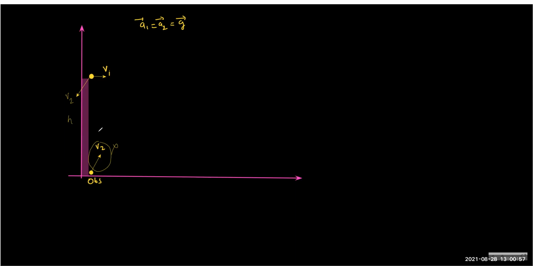Now they are colliding. So in the frame of two, how must V1 move to hit two? That's the simple question. What should be the path of V1 as seen by V2 such that it must hit V2? What do you think?